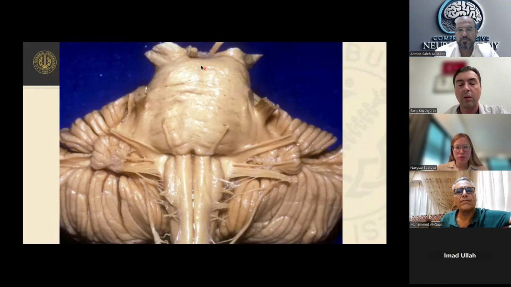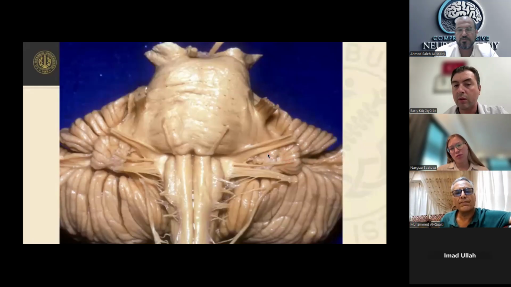So let's look at all of them from superior to inferior. At the superior border exits the third nerve, and at the inferior border of the pons exits the sixth nerve. This is the trigeminal nerve. There we see a cortical structure, a very tiny portion of the cerebellum called the flocculus.